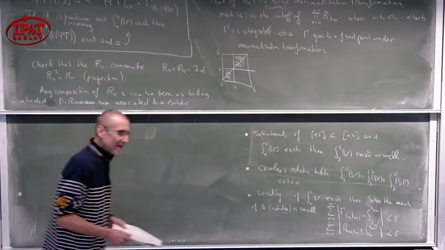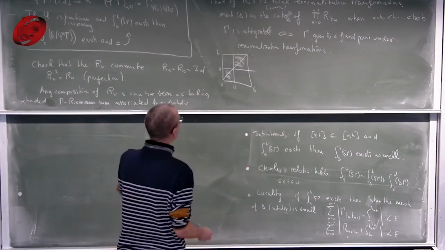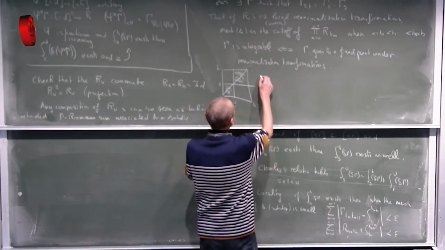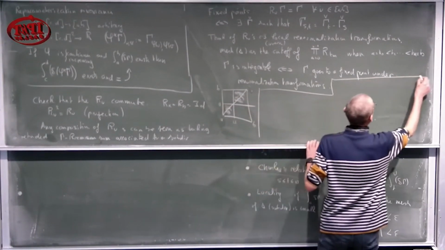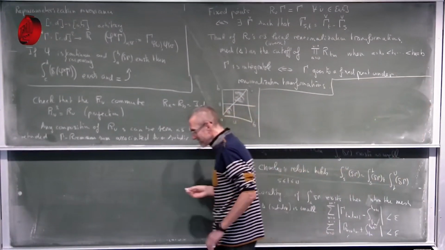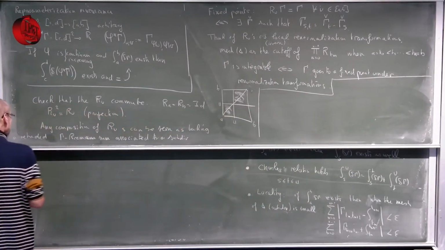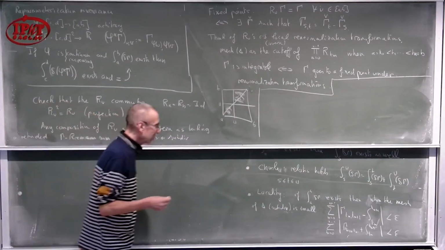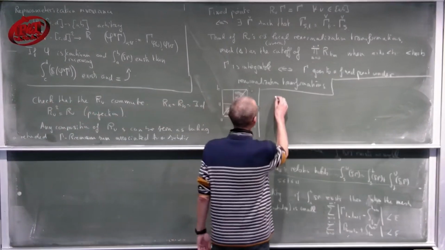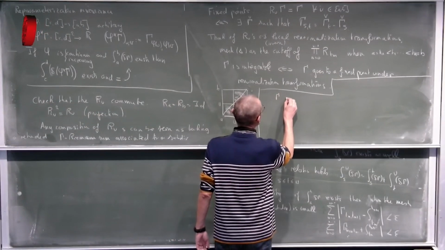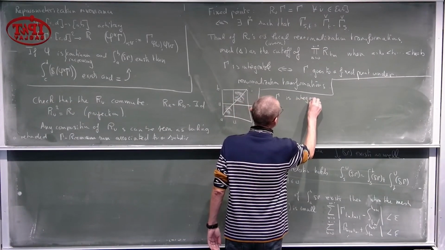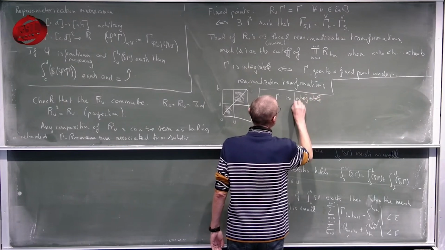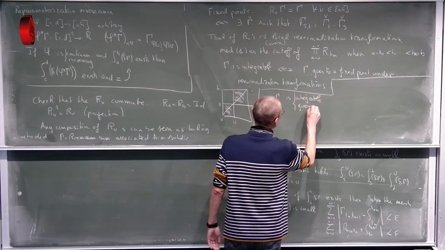Let me just, before closing that, show you that there is some kind of robustness, some primitive version of universality. So imagine that gamma is integrable, or goes to a fixed point.